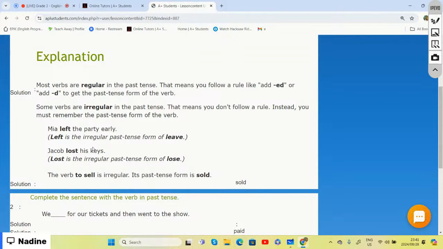And if we look at a few examples, we say, Mia left the party early.